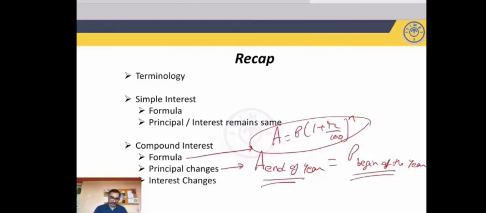Okay. Since the principal keeps on changing, the interest also changes. So under compound interest, what is the important point we have seen? The principal changes and the interest also changes.